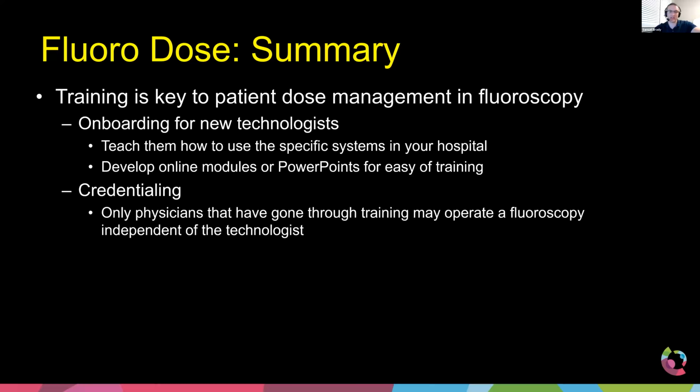Another thing that we do here in the US, I'm not certain if it's required in Thailand, is credentialing. Any physician that wants to be the one that pushes the pedal, that actually does the beam on to the patient, has to be credentialed to know how to operate a fluoroscopy system.